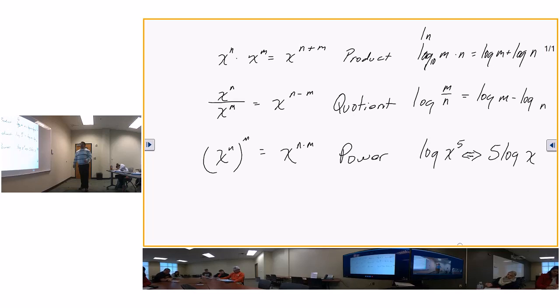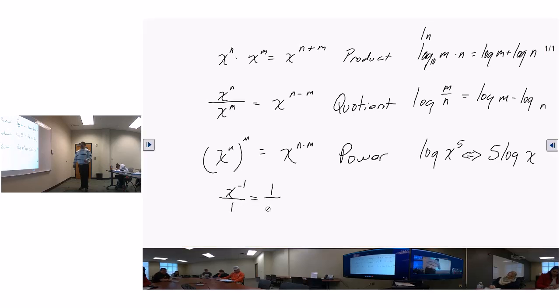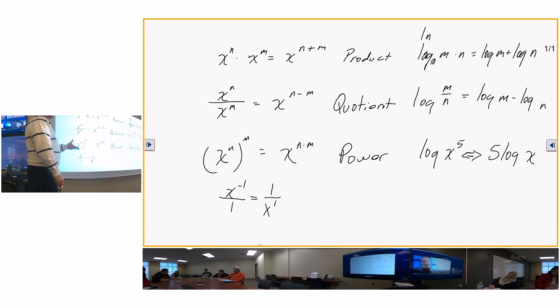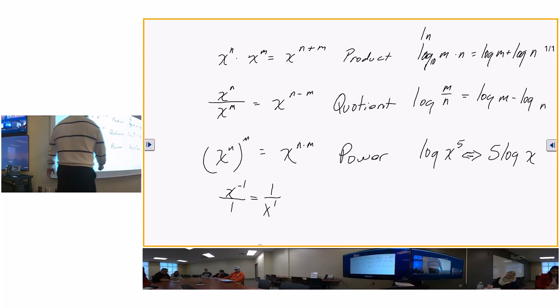All right, first you got to remember your basic laws, and there's two more laws, and I'm just going to show you right quick. x to the negative 1 is equal to 1 over x to the first, meaning that you flip, they become positive. That's the inverse rule.